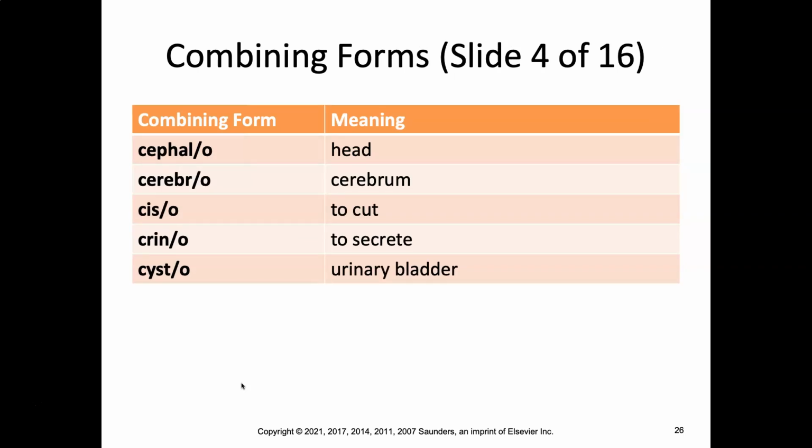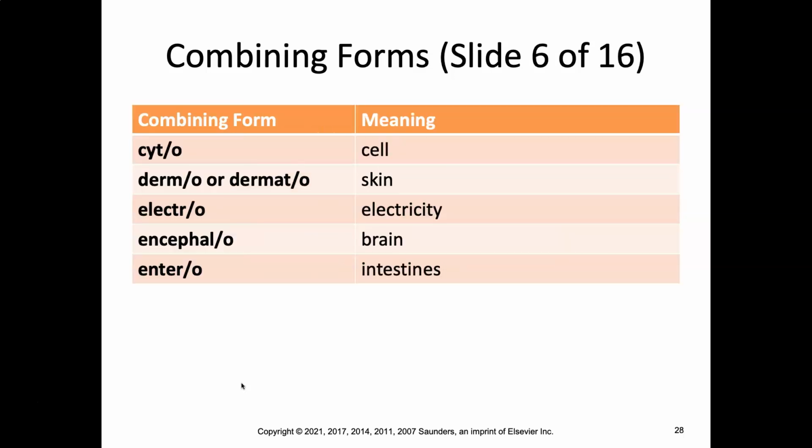Some more combining forms: cephalo, cerebro, cisso, crino, and cysto. And notice that cephalo and cerebro, they do mean head, but cerebro is really the cerebrum area of the head. Cyto, dermo, dermato. Look here, we have 2 versions, dermo and dermato, for skin.